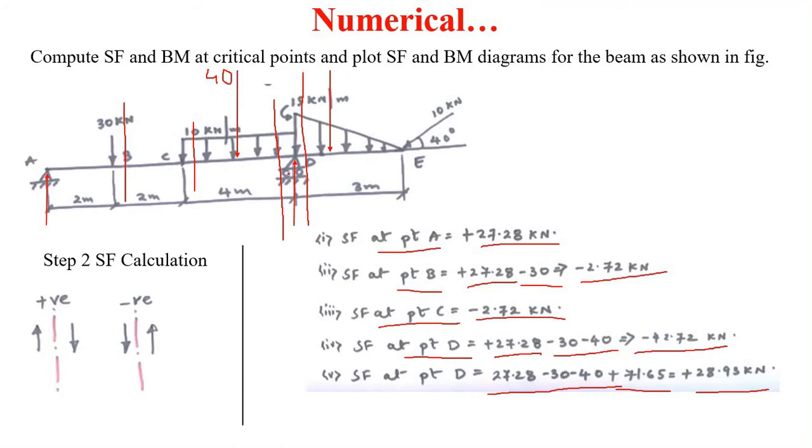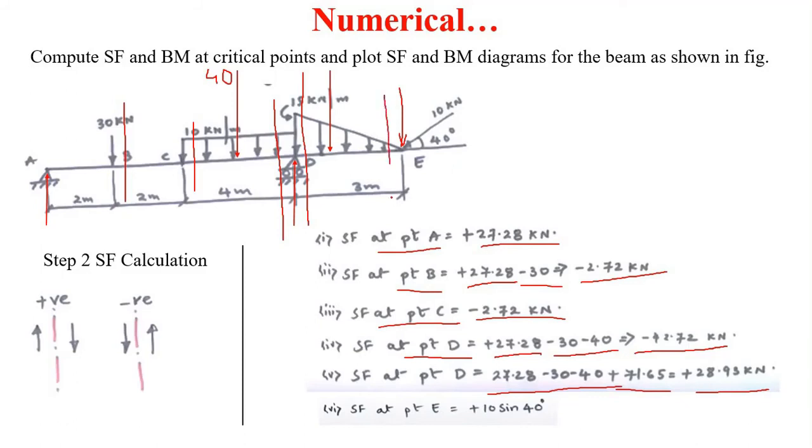Okay, so after calculating the shear force at point D, we have to calculate the shear force at point E here. So we will take a section at point E. When we take a section at the left side of this E, this is the force, the downward force, that is 10 kilonewton, 10 sine 40 degree.